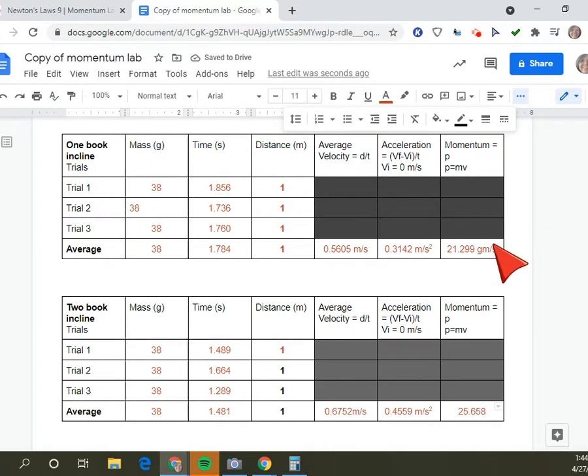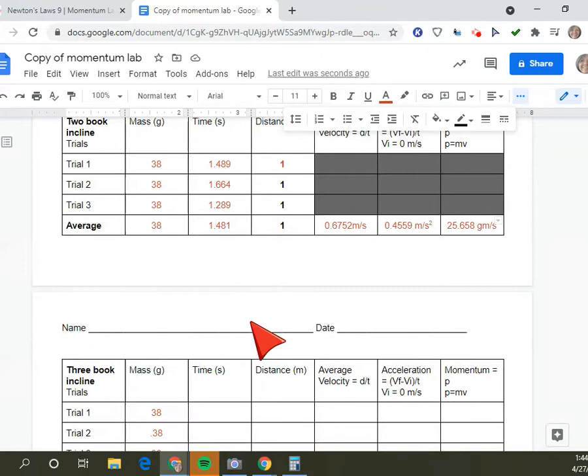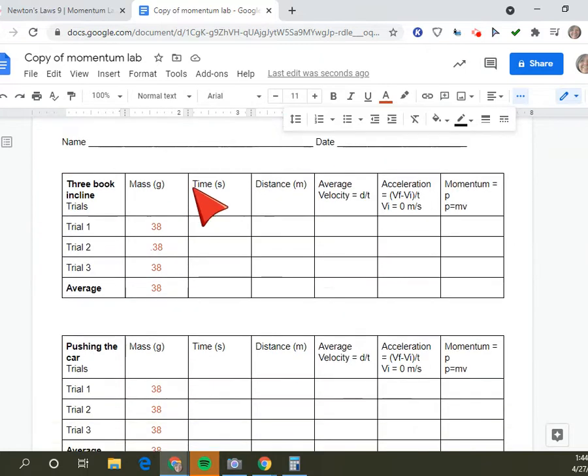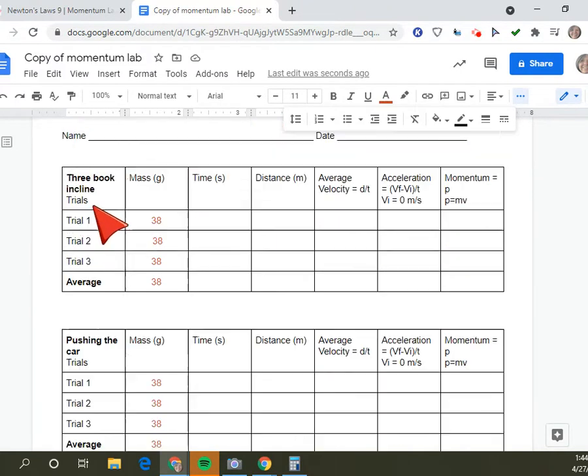We will once again just copy our units. I think we'll skip the last two.